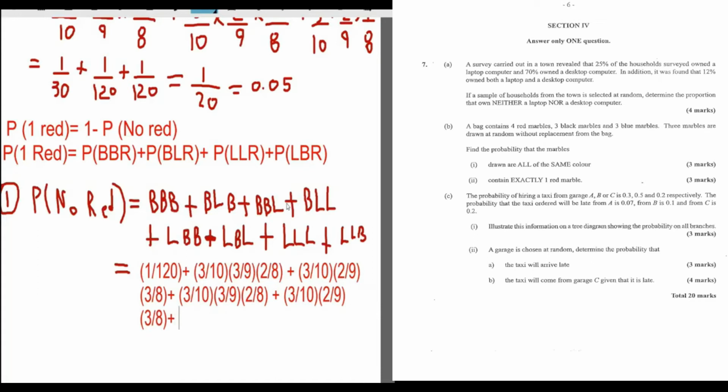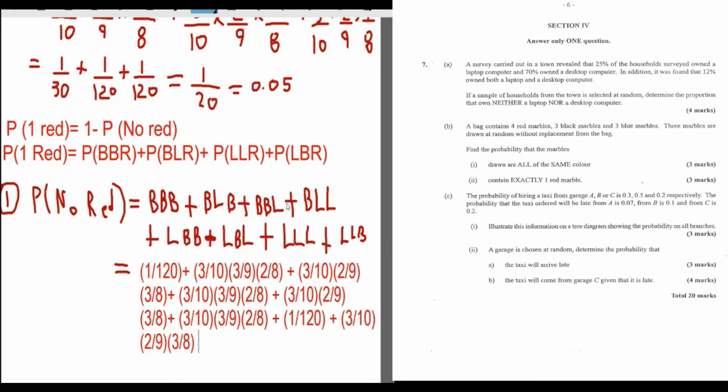Plus this again is 3 over 10 times 3 over 9 times 2 over 8. Plus, of course, your blue, blue, blue, which you know is 1 over 120. Plus our blue, blue, black, which again is 3 over 10, 2 over 9, 3 over 8.